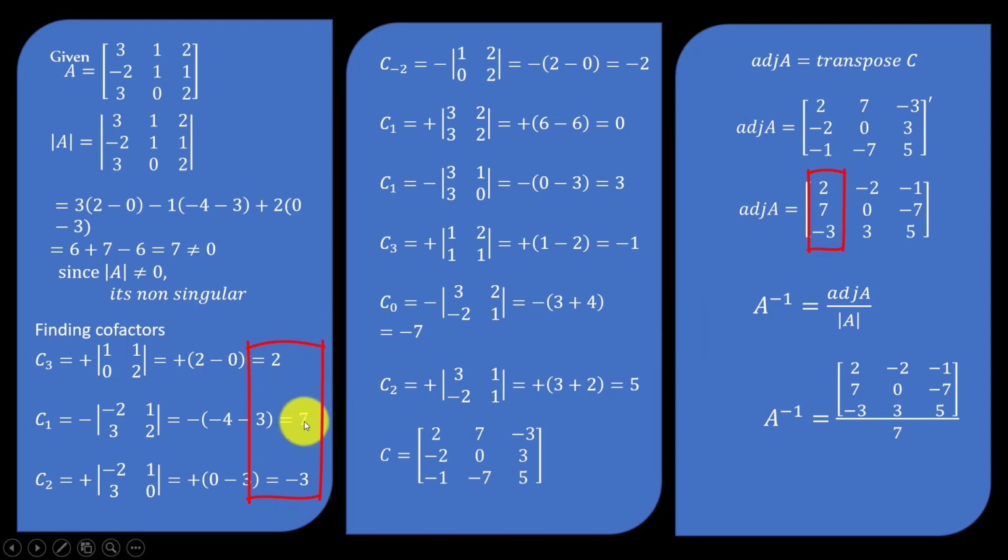The 2, 7, minus 3 I have taken as a column. Again minus 2, 0, 3 I have put as a column, and the remaining 3 elements, minus 1, minus 7, 5, put in the form of a column. So directly you can write the adjoint of A.